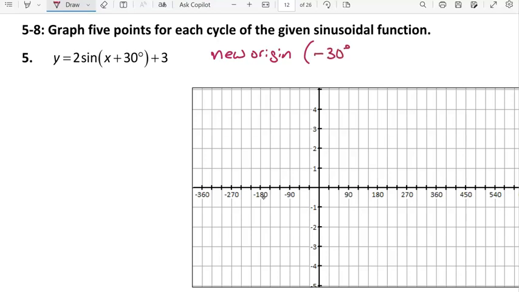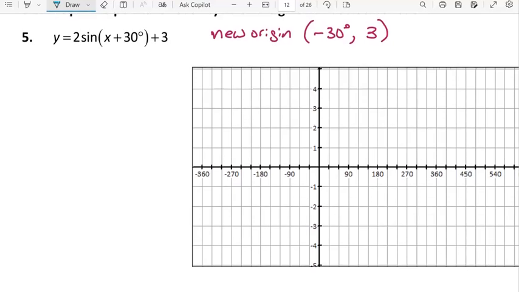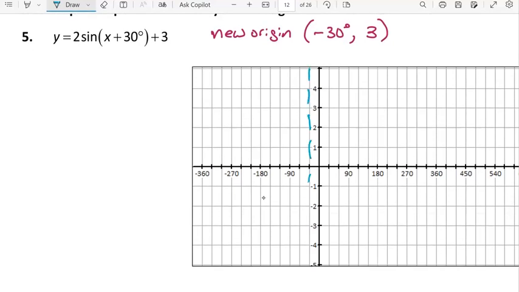Horizontally, we have a translation left 30 degrees, and vertically, we have a translation up 3. That means that we're going to relocate our origin at negative 30, comma, 3. If you want to think of these as new x and y axes, you can.